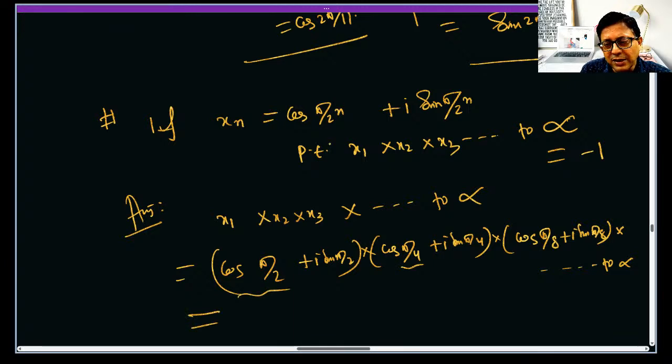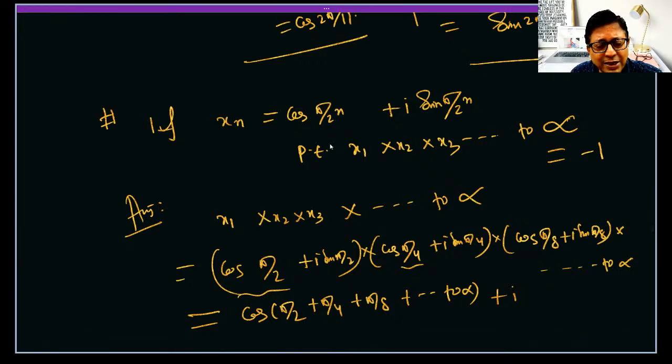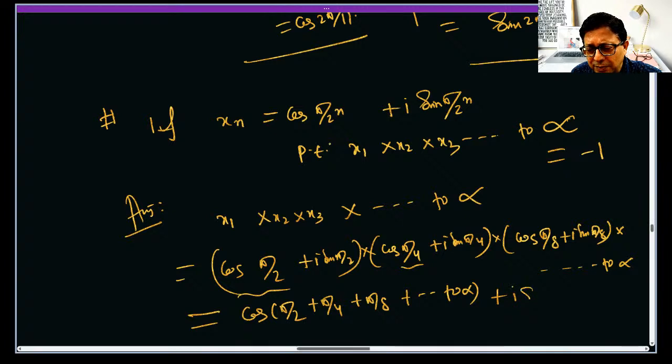Now we are multiplying, so these angles will be added. Cos of π/2 plus π/4 plus π/8, it's an infinite GP series. And i sin of those same angles added, π/2 plus π/4 plus π/8 this way up to infinity.